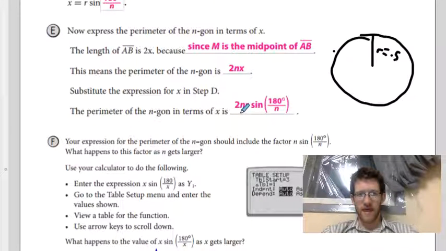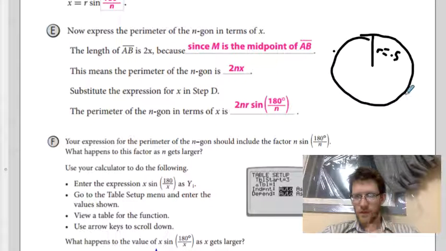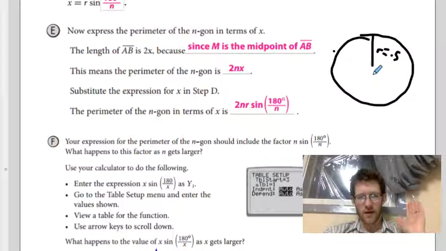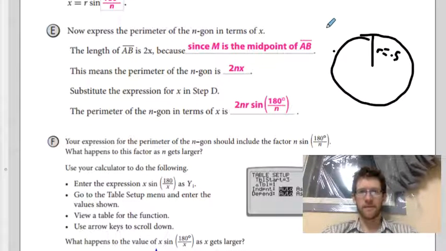Now, we have n in here, and we're going to want to just pick a big number, right? The bigger the number, remember, the more sides in our polygon, the closer we'll get to pi. Other thing to notice is since r I've set at 0.5, I'm going to cancel out this 2 and this r for our purposes here. And we're simply going to deal with n times the sine of 180 over n.